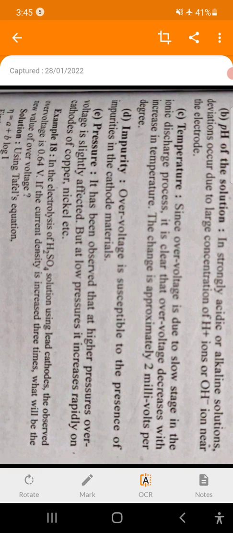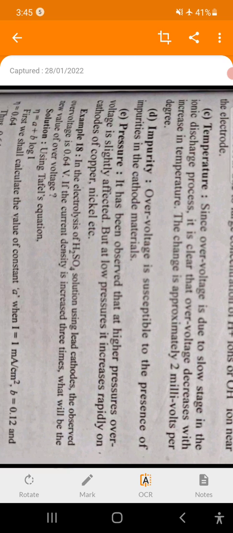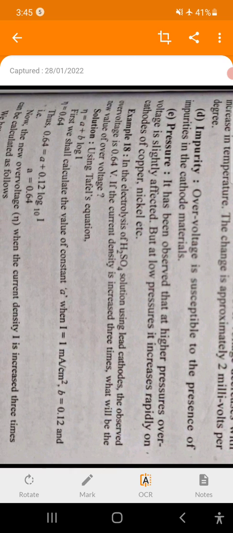That is, overvoltage decreases as temperature increases. Then impurity: the magnitude of overvoltage largely depends on impurities of the cathode material. As impurity content increases, overvoltage also increases.